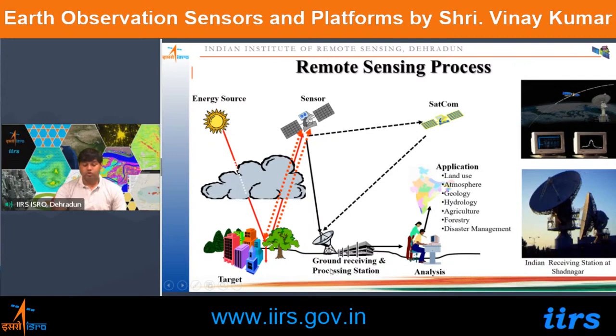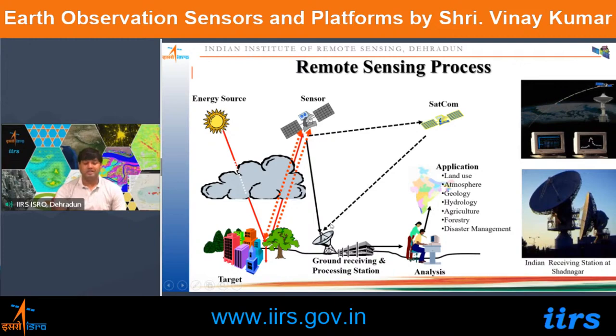You can see I have written ground receiving and processing station. Processing station, why? Because the data we receive in the form of electronic signals is converted into a two-dimensional image. But as I told you, the atmosphere is in between. So this type of error gets introduced during acquisition, and even the sensor placed on the satellite has some problems while acquiring the data.